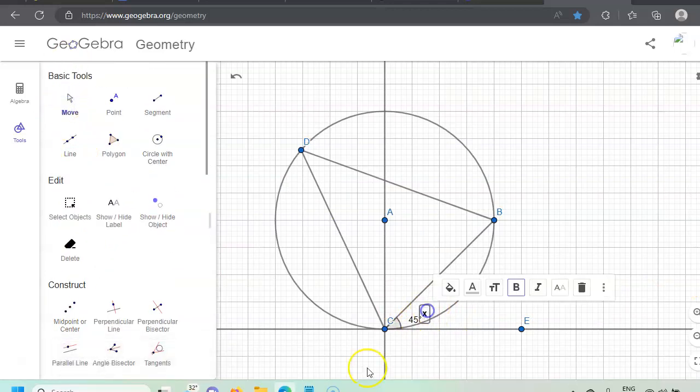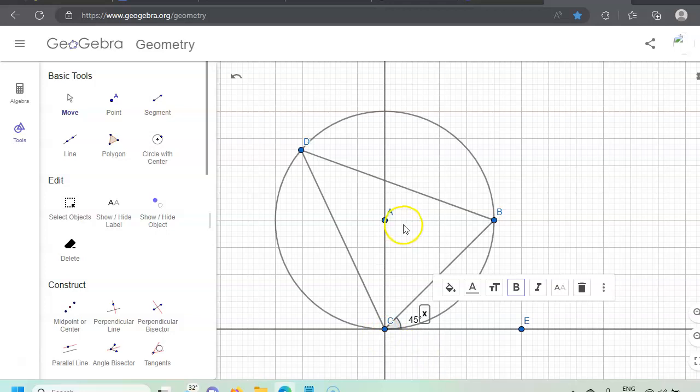So what is now the measure of angle ACB? We all know that the angle formed with the line that passes through the point of contact and the tangent line is equal to 90 degrees. Again, let's define some terms. When we say point of contact, it is the point where the circle meets the tangent line.